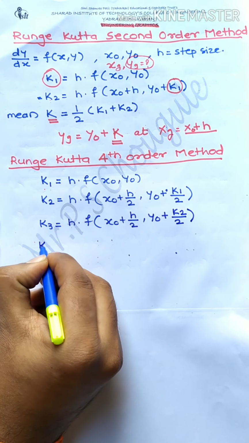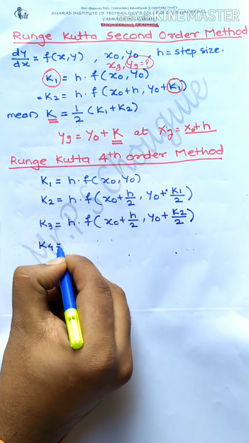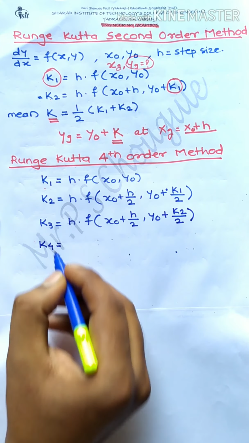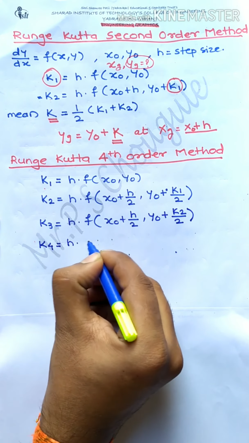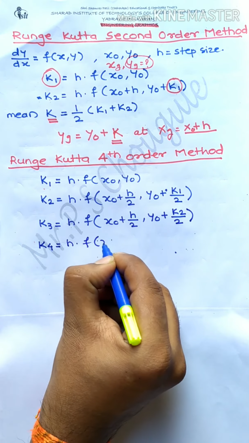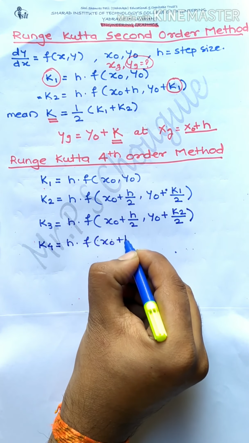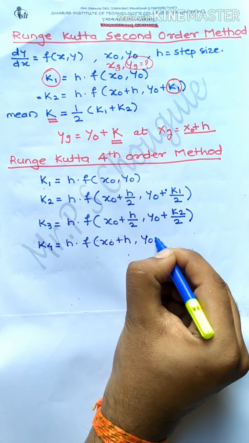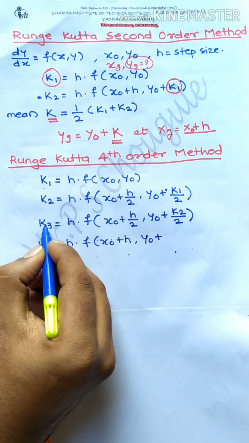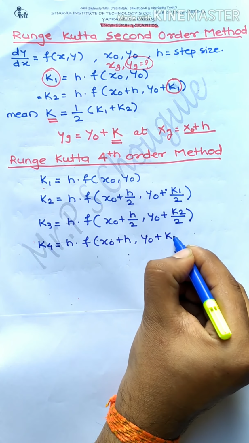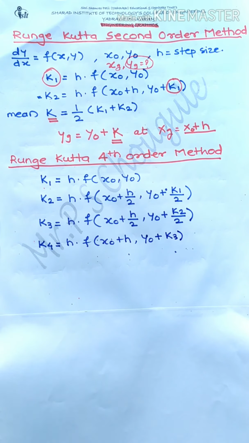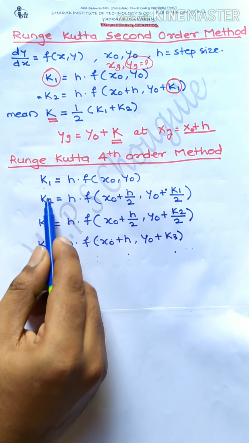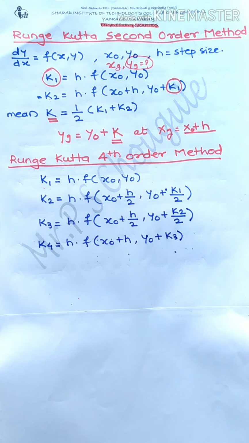And now the k4 is h into f of x0 plus h, comma, y0 plus the previous k, means this one, k3. We need to find these 4 weightages.